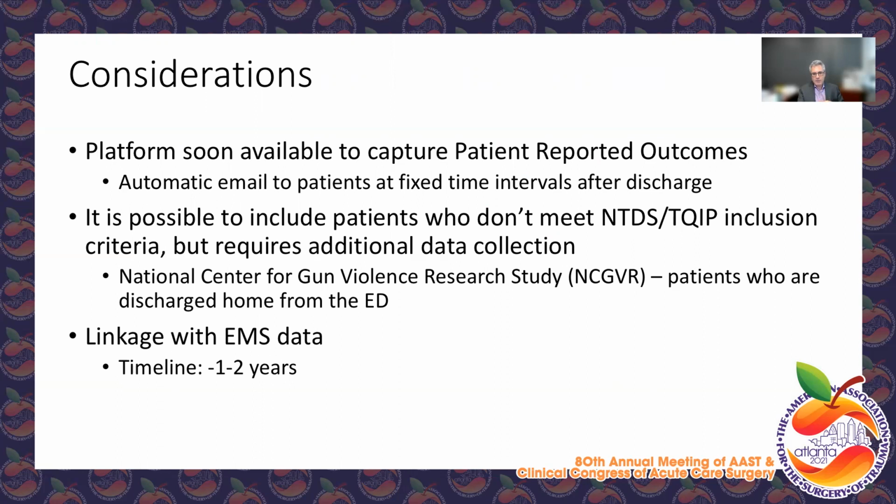If you have an email address for a patient, there's an automatic email that's sent to the patient so they can submit very specific instruments, whether you use the EQ5, SF36 or whatever. That data can ultimately be linked to the TQIP data and other research data. So there is a way of actually reaching out to the patient with this incremental data collection in the form of a PRO module.